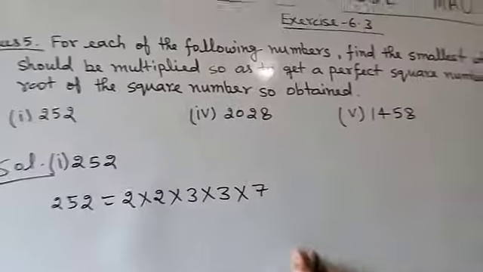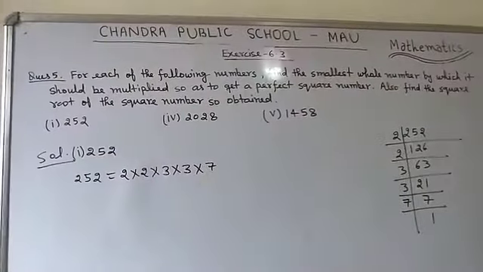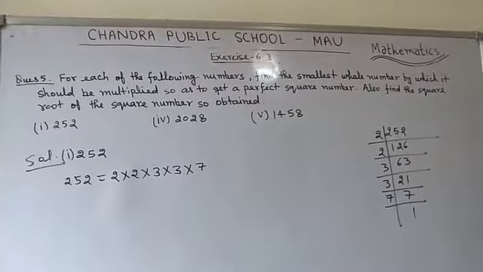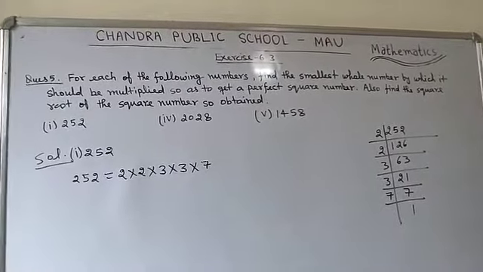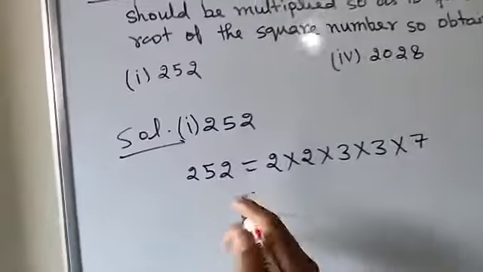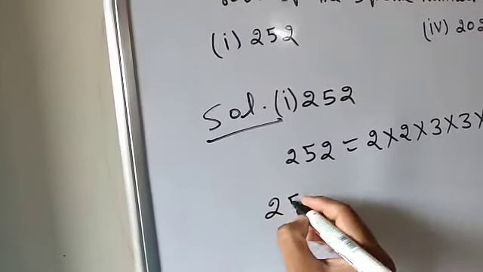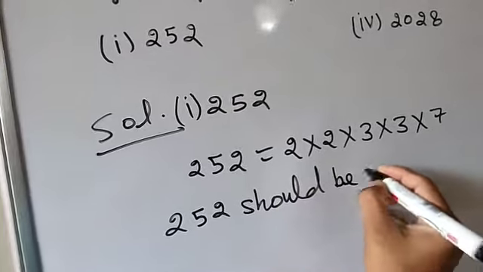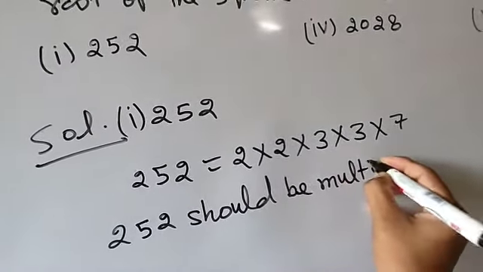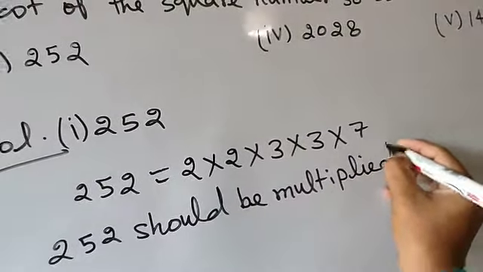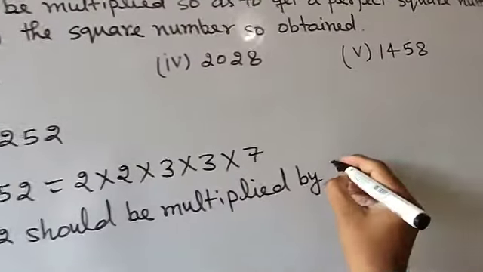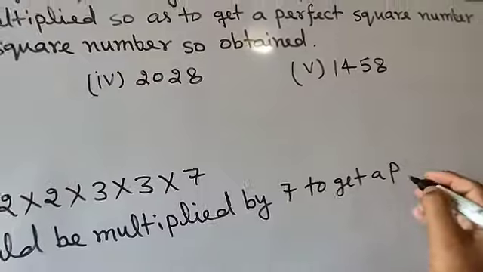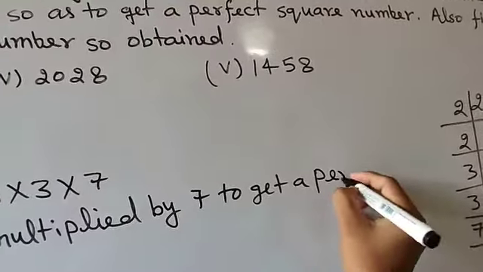So students, all of you got that? Whatever number is unpaired, by that number it should be multiplied and then it will be a perfect square number. So here you will write: 252 should be multiplied by 7 to get a perfect square number.